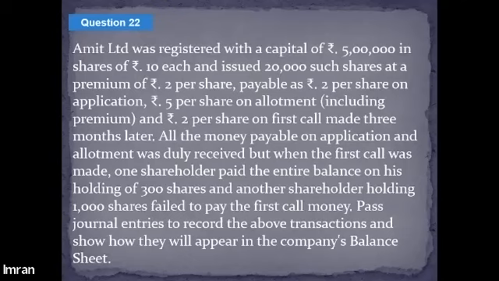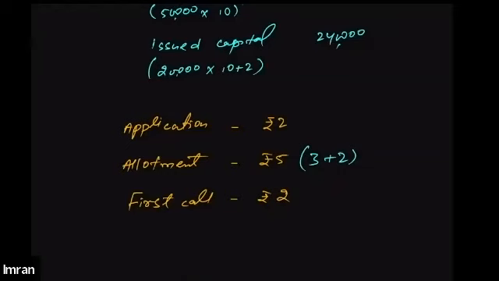Apart from this, no information about the final call is given. So that means in this question, the company has just called up. Total called up capital of the company will be 5 plus 2 plus 2, that is 9.